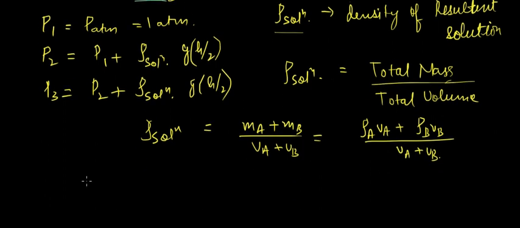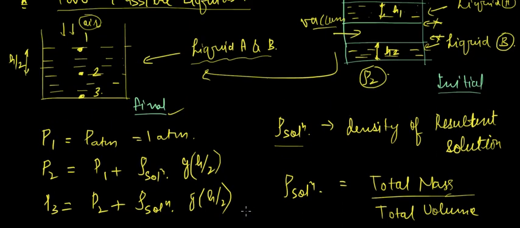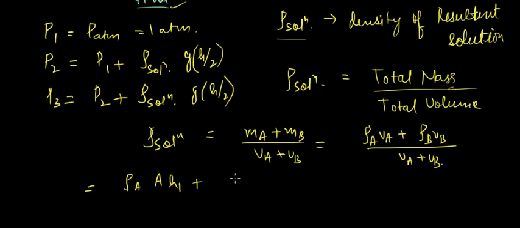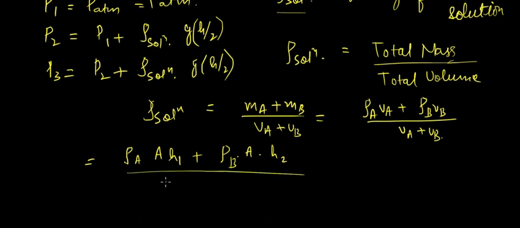As we can see, rho A times volume of A would be rho A times the cross-section area of the beaker, A, times h1, the initial height of liquid A. The initial height of liquid B was h2. So rho B times the cross-section area of the beaker times h2, divided by volume of A, which is A h1, plus volume of B, which is A h2.